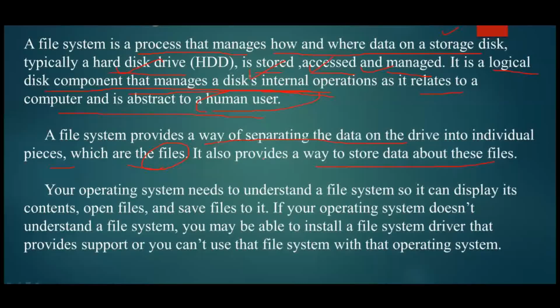You will be saving separately, right? Why? For easy access and to manage. Yes, you have separate drives, right? So based on my requirements I am separating into individual pieces, that are called files. It provides a way to store data about these files.